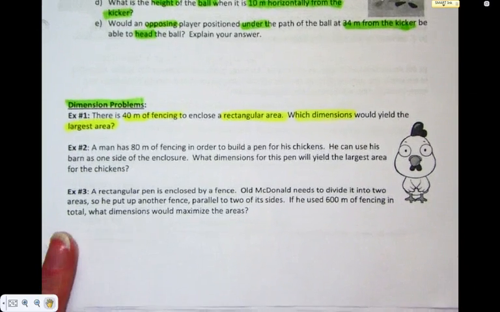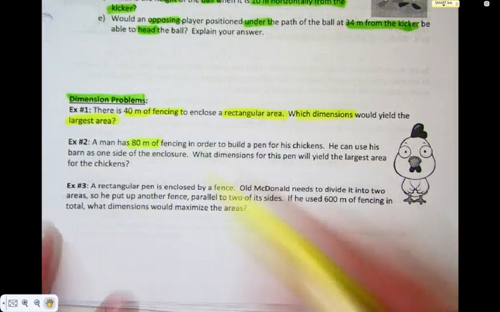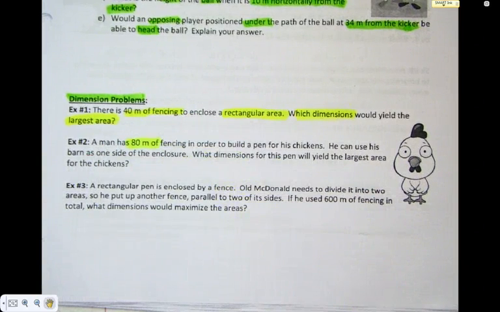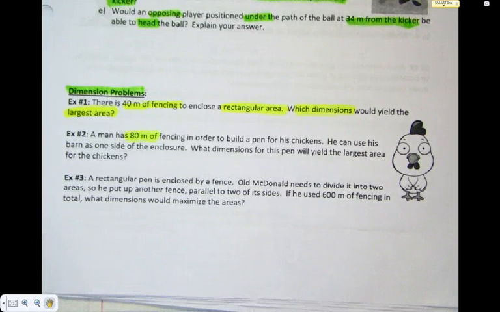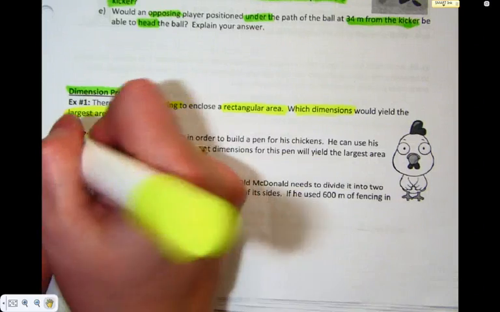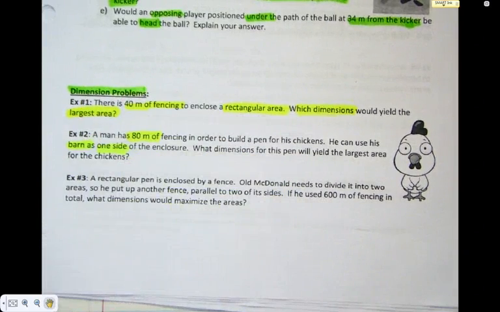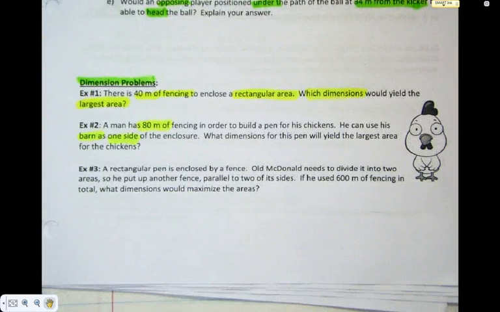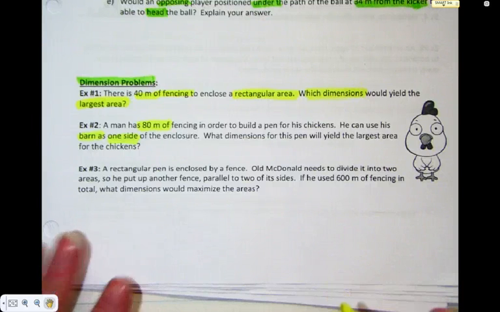The first sentence, what do we need to know? Mathematicians, do we care that it's for chickens? No, we don't care if it's for horses, chickens, cows, whatever. It's the farmers that care about that. Second sentence. Barn one side. So already we're changing the situation a little bit from the first example. The first example, we had to fence all 4 sides. How many sides are we going to have to fence in this one? Just 3. Okay. The last sentence?